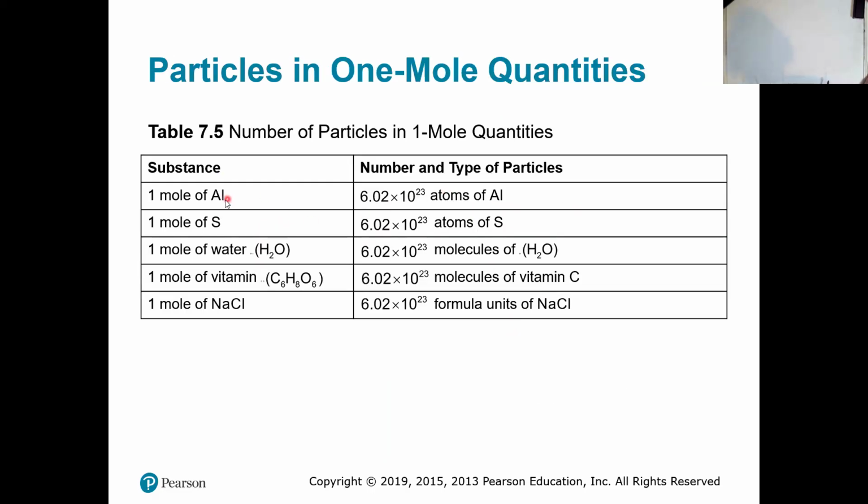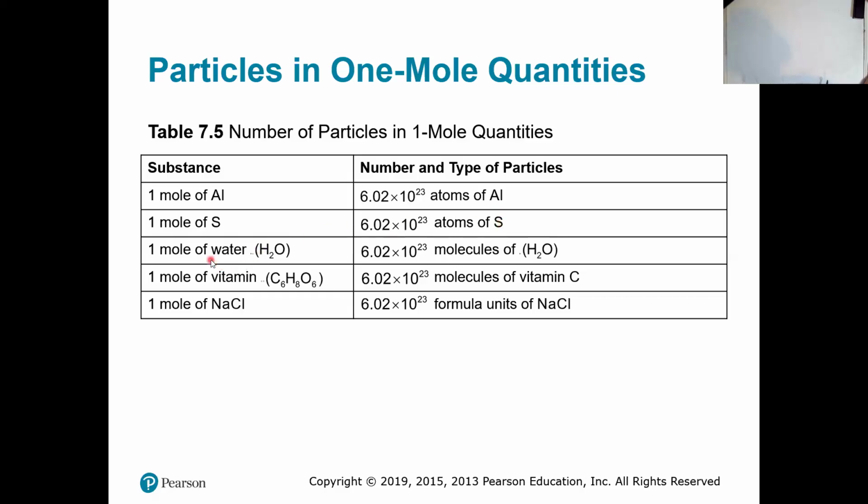Again, here's a mole of aluminum and sulfur. Both of these are elements, and so for each of these, 1 mole describes 6.02 times 10 to the 23 atoms of those elements.